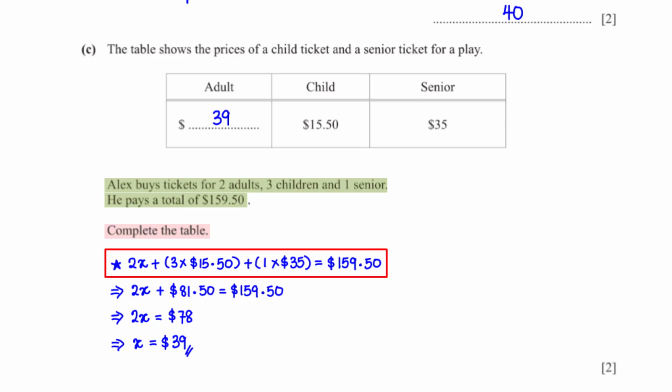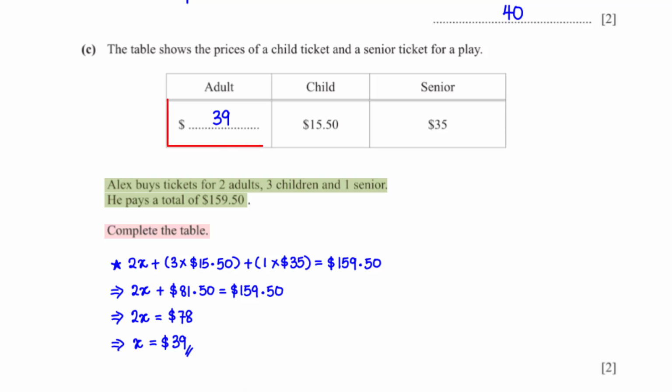This means 2 times x plus 3 times $15.50 plus 1 times $35 equals $159.50. 3 times $15.50 plus 1 times $35 is $81.50. When we subtract $81.50 from both sides, this is what we have. When we divide both sides by 2, we get x equals $39.